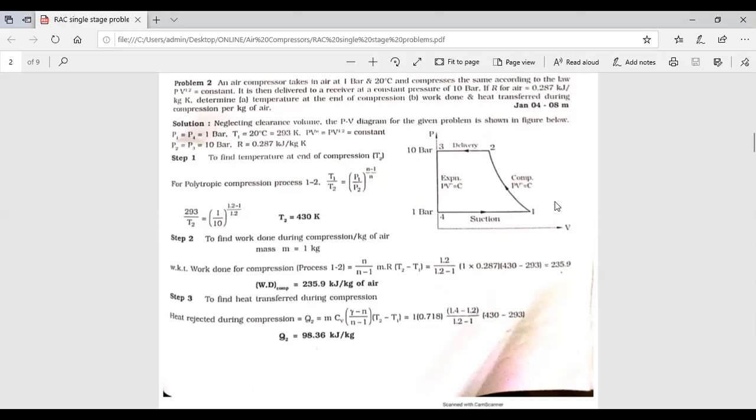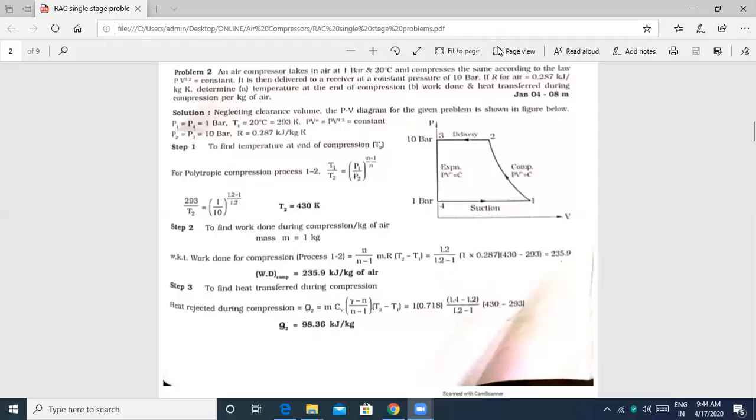For all problems, remember three values: Cp equals 1.005 kilojoules per kg Kelvin, Cv equals 0.718 kilojoules per kg Kelvin, and the gas constant is Cp minus Cv, that is 0.287 kilojoules per kg Kelvin. These three values you should remember. These problems are very simple.